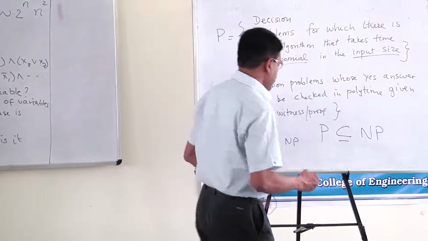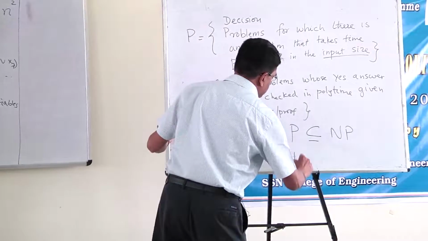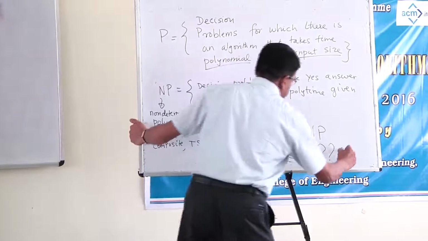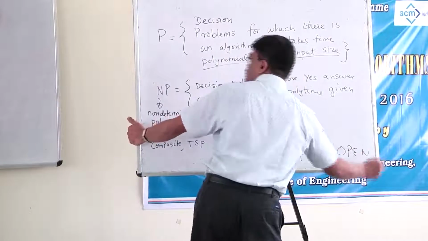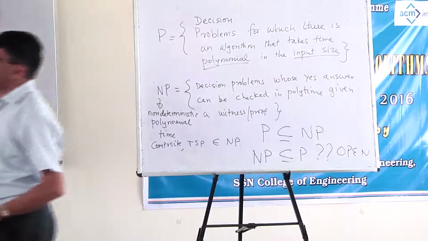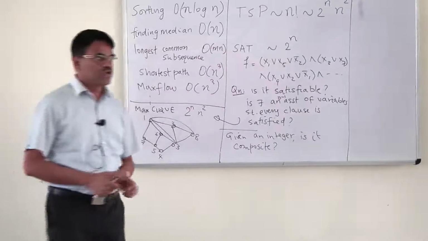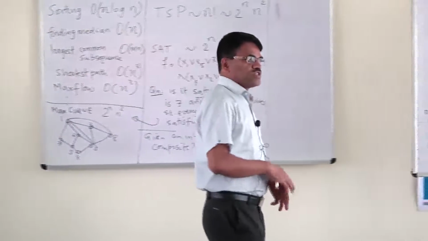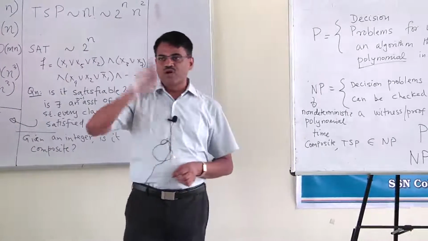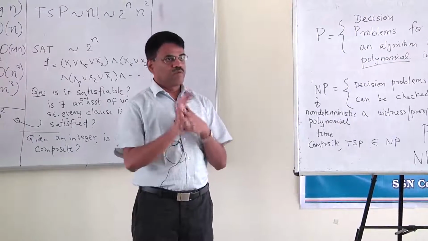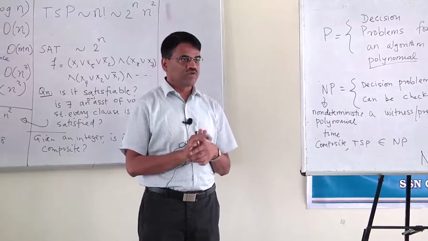The big open problem is what about the reverse? This has actually a $1 million prize from an institute in Boston called the Clay Mathematical Institute, which a few years ago came up with important problems in mathematics, and they came up with $1 million prizes for solving each of them.